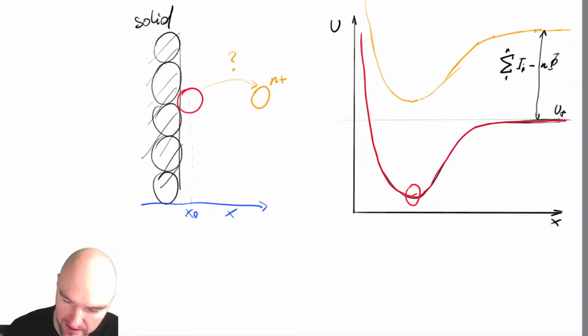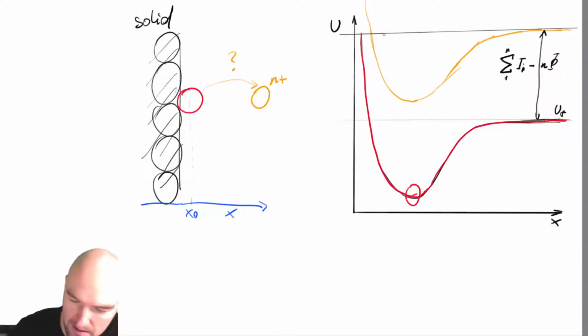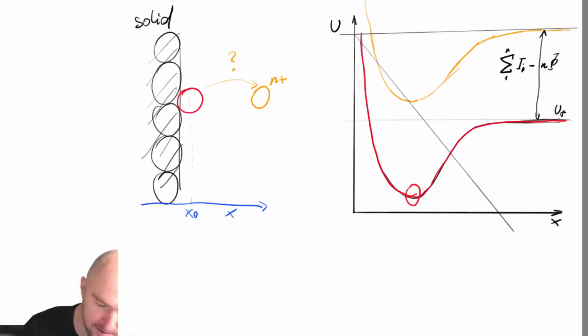The thing is now that if I apply a field to the ion, let me just draw that so that we can see where that starts. So I would start here. If we apply a field to the ion, that should still be a straight line, so the field energy would be minus n times the charge of an electron.